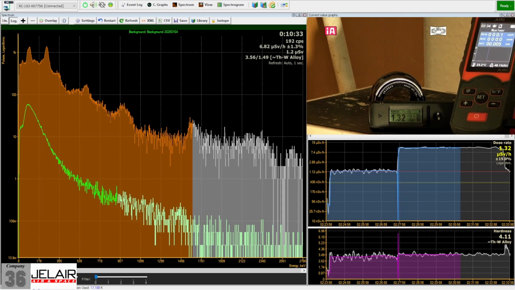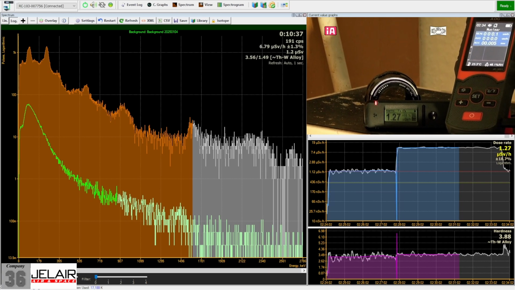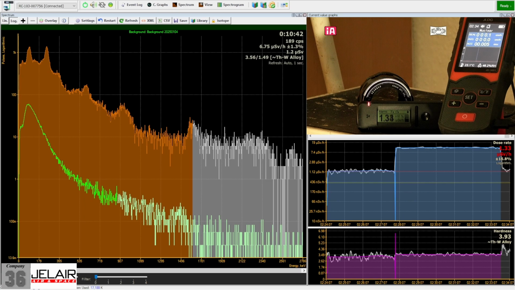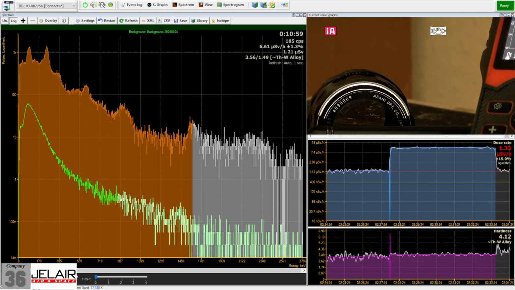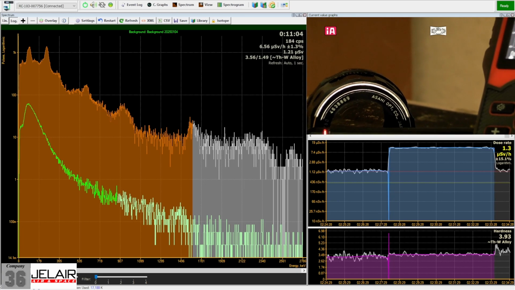This is the part of the lens that would point away from the camera, away from your head when you were using the lens on the camera. And the Geiger-Müller tube, which stands to the side now a few centimeters away, is all the way down to 0.1 microsieverts, which is the same as the normal baseline background level. So the lens doesn't emit radiation for a great distance.